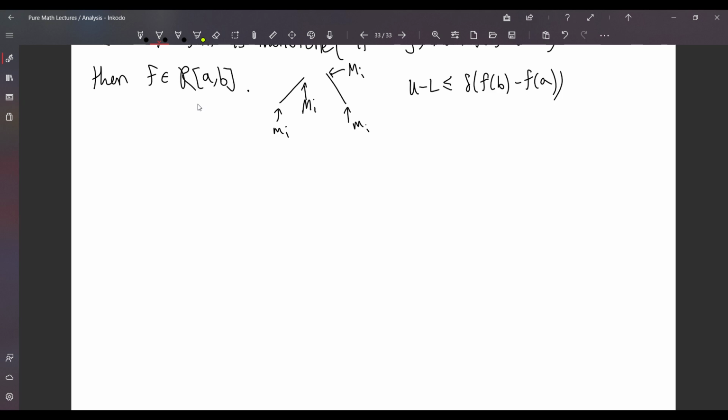Okay, so that's the first example, and one neat, non-trivial example of a function which satisfies this is given piecewise like this.